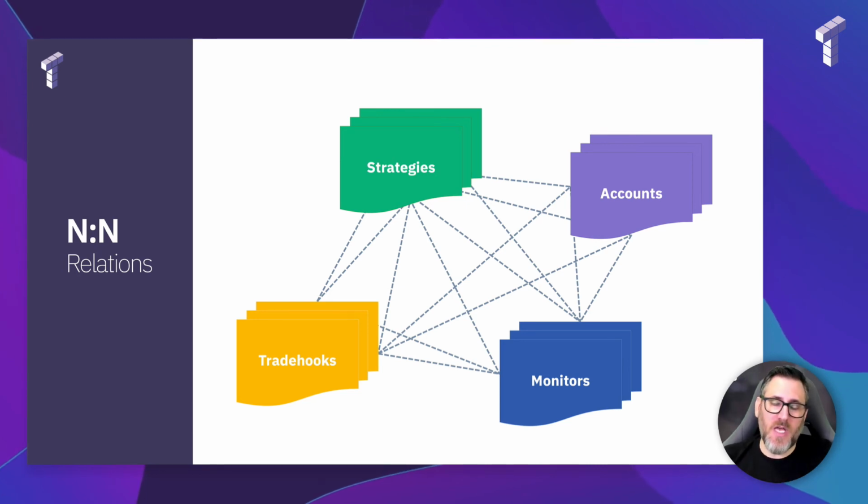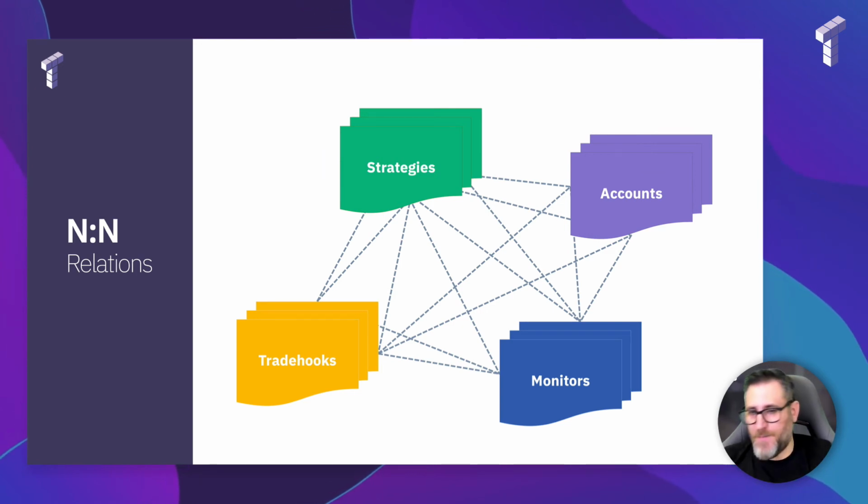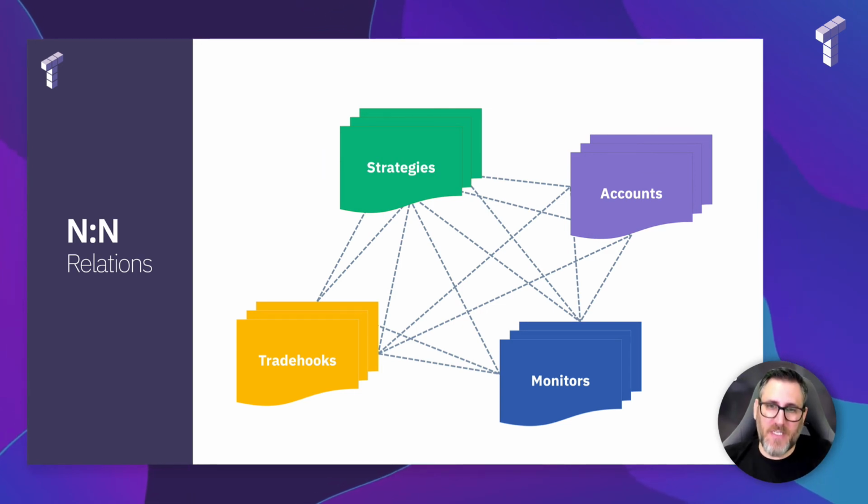But you can also have another Tradehook that says, I want to get information on a minute level for a volatility instrument, just to manage risk for your strategy. So you can have multiple Tradehooks sending data to the same strategy. It's not a one-to-one kind of thing.